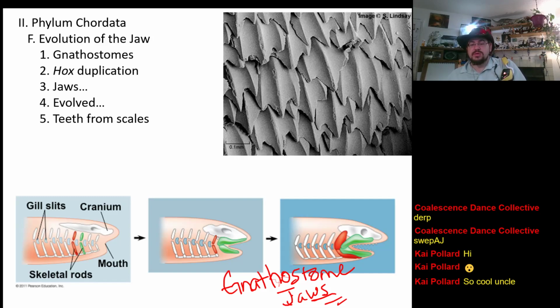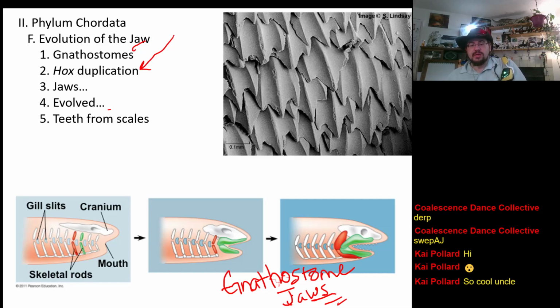Right? So, jaws are pretty cool. The evolution of jaws is likely what allowed for enlarged forebrains and even lateral line systems. So that Hox duplication provided for a number of different features.